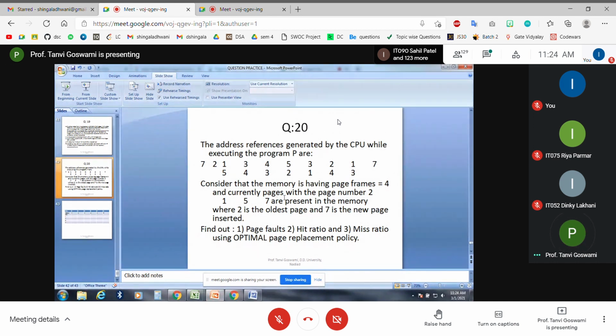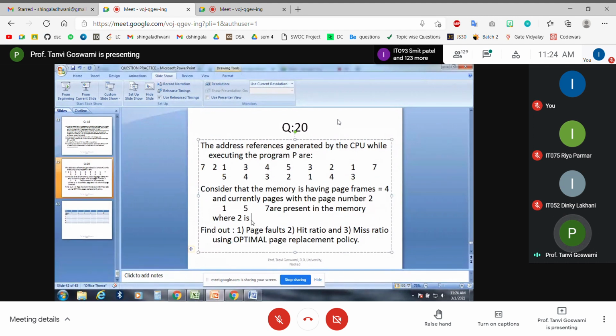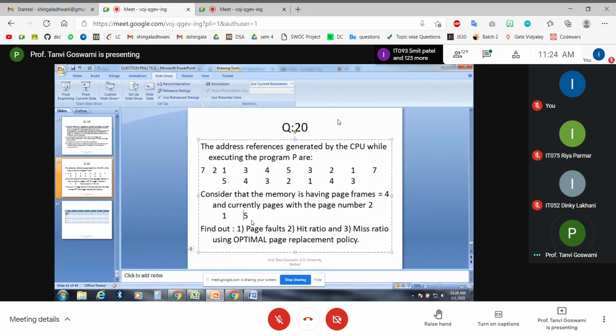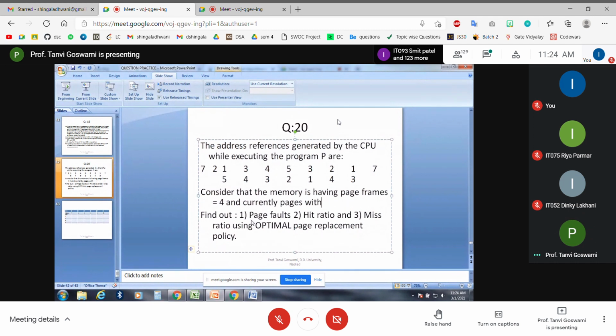Consider that this is not given. You are given frames having page frame 4 and frame 3.